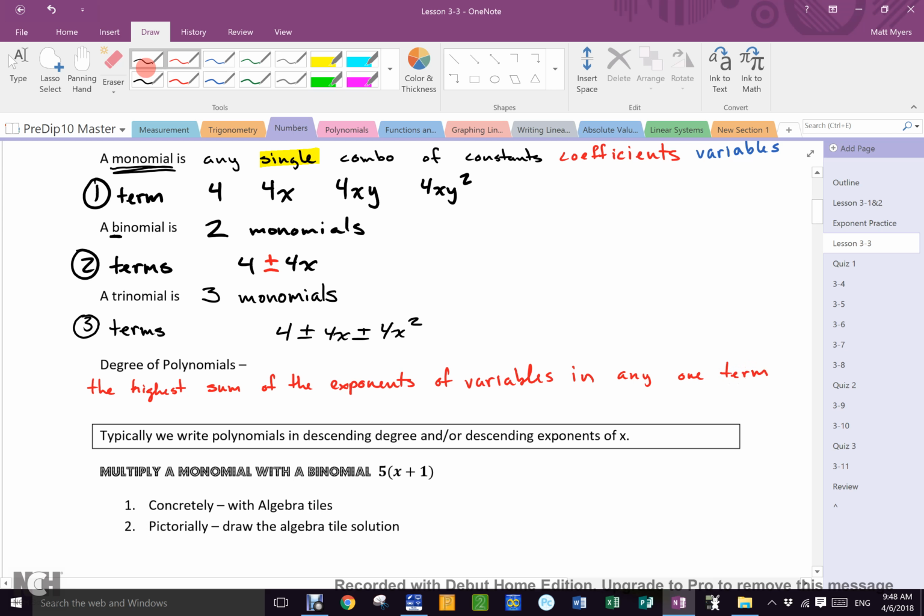So, what would be the degree of that monomial?